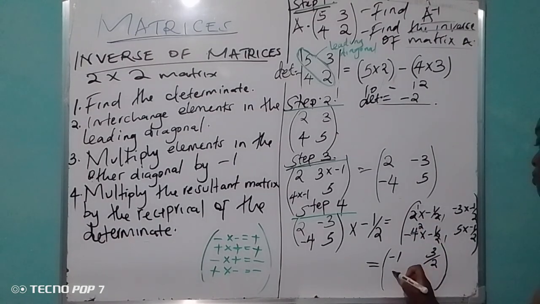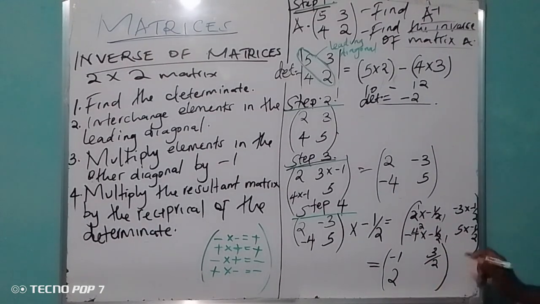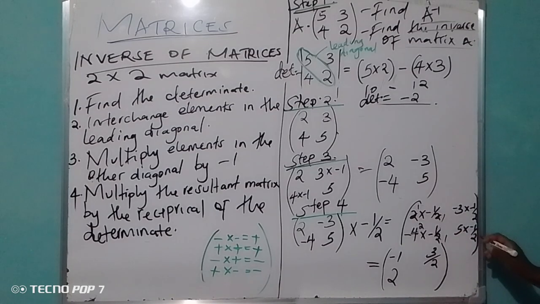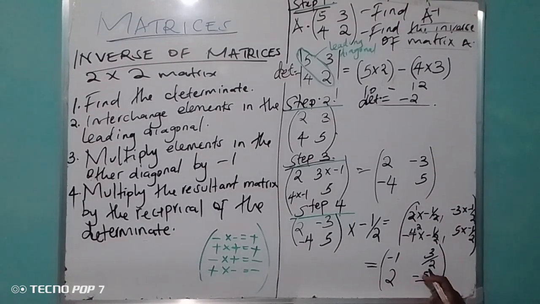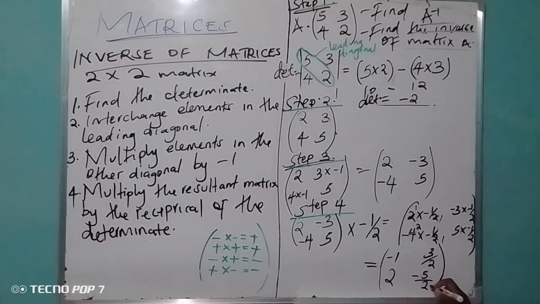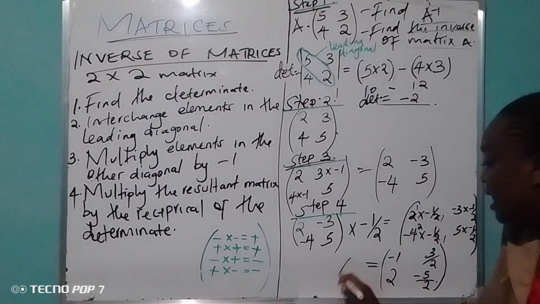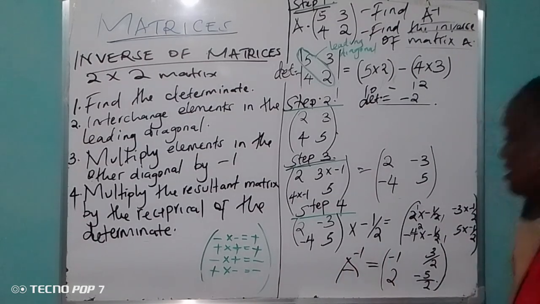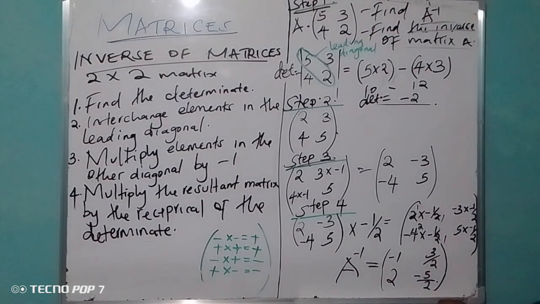So itakuwa positive 2, sindio? Then 5 times negative a half will be minus 5 over 2. So this is the A inverse. This is the inverse, hata hapo kama ni fraction naona.